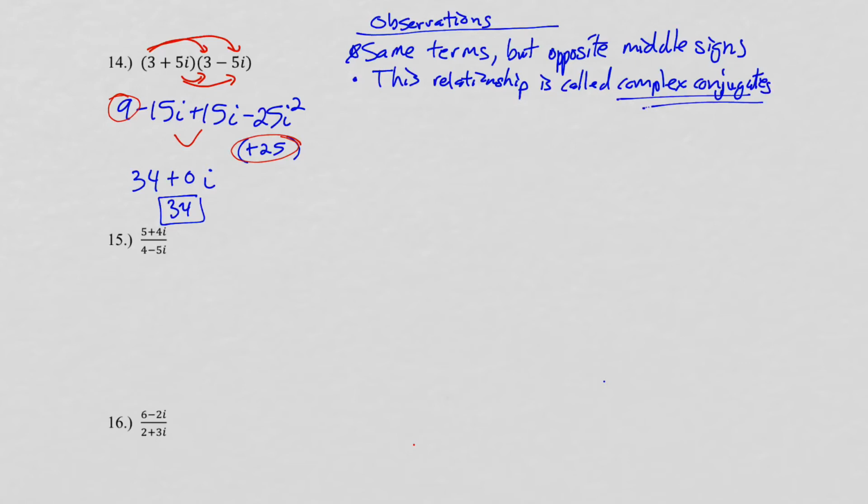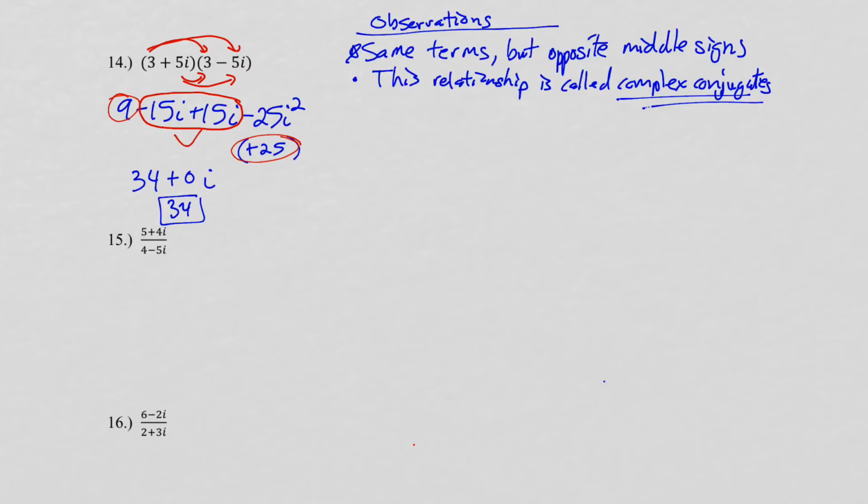Okay. Now, what's so special about that? Why is there a fancy name? Well, let's take a look at what happened. As you can see right here, our imaginary terms got canceled out. And of course, the i squared turns into a negative 1.